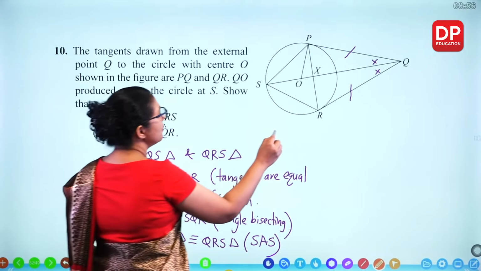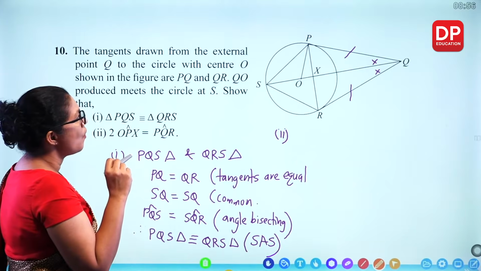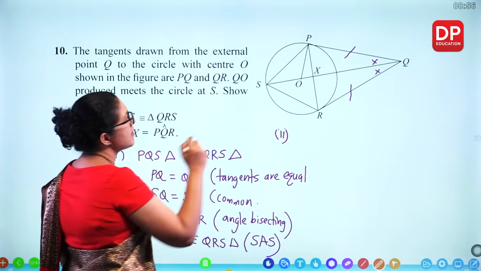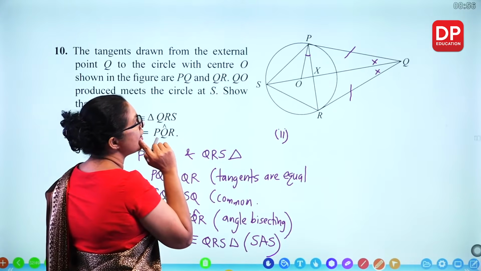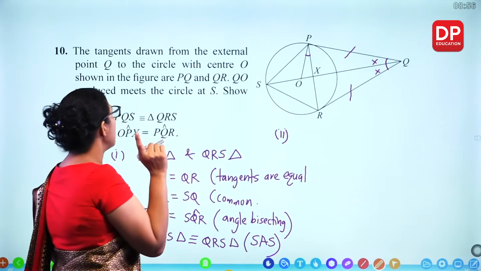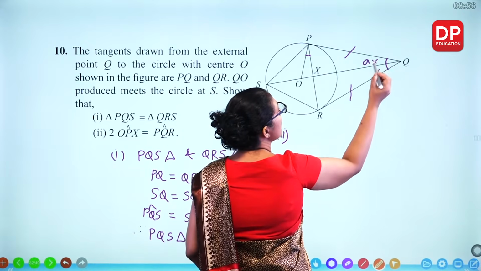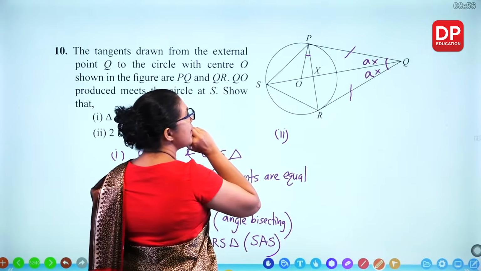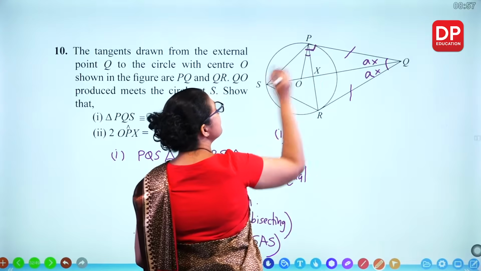Then part 2, 2 times OPX. OPX, this angle, and PQR, this angle, we have to show that's double of that. Okay, we'll take this one as A. So this is also A. We know that this is perpendicular.